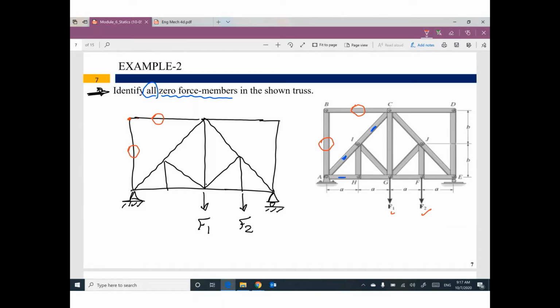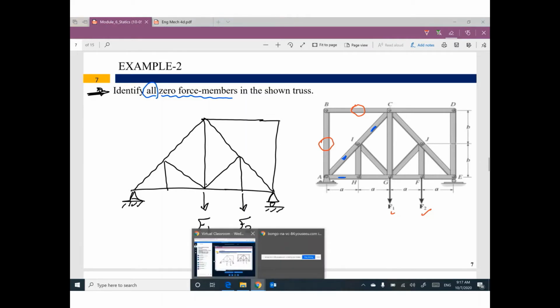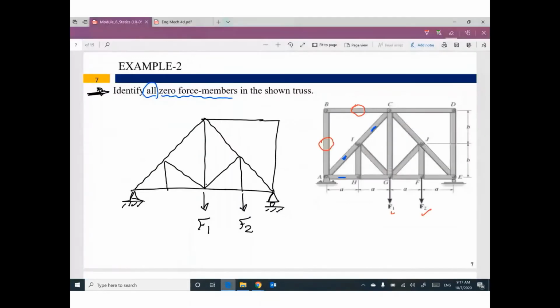One more thing. If your members are 0, please go ahead and delete them. This is the reason why I told you, please redraw the truss one more time with your pencil. What else? Joint D. For joint D, we have 2 members.